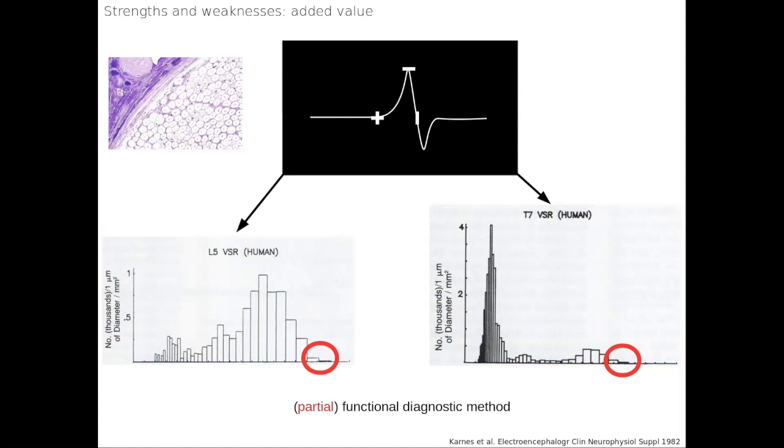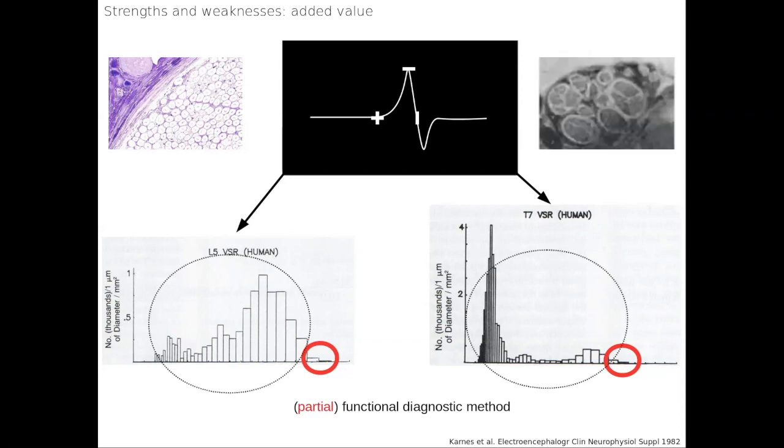So we have to keep in mind that this is a partial functional diagnostic method. Of course, if you use more elaborate techniques, you can get more information on the other types of fibers, but this is not usually done in clinical routine.